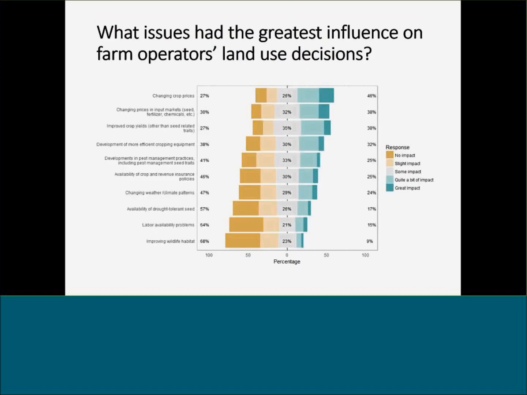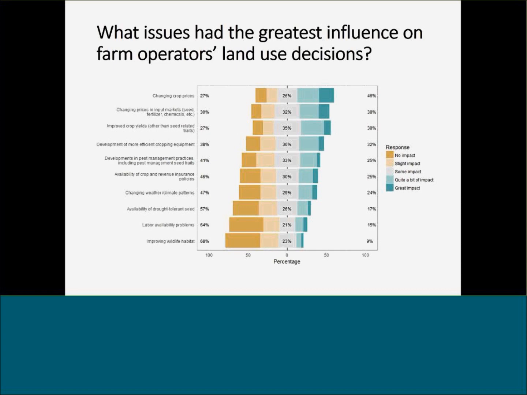Now, one of the things that is also of interest is what are the external factors that have an influence on farm operators' land use decisions? From the results I just showed you, we can start to look at some farm characteristics that are more associated with cropland expansion and grassland conversion.